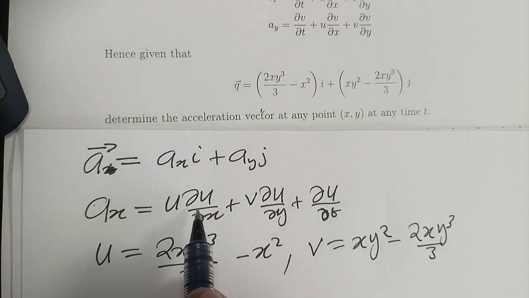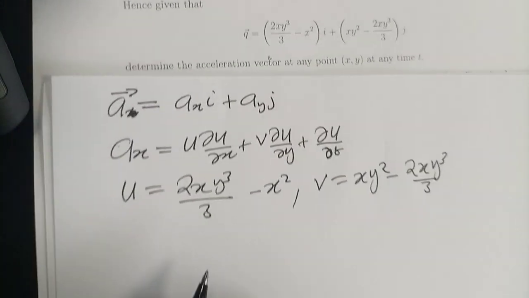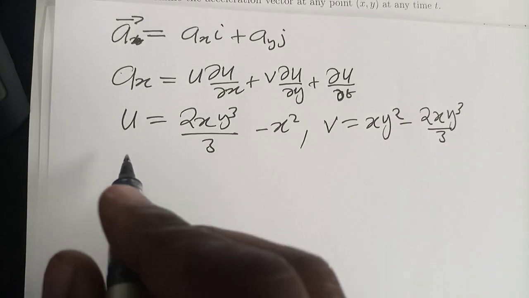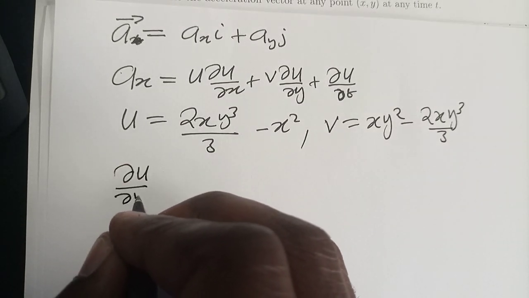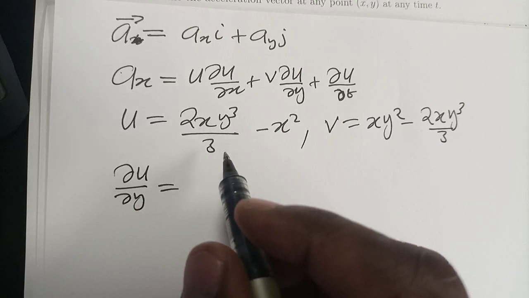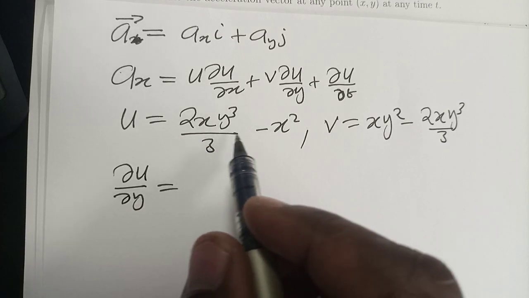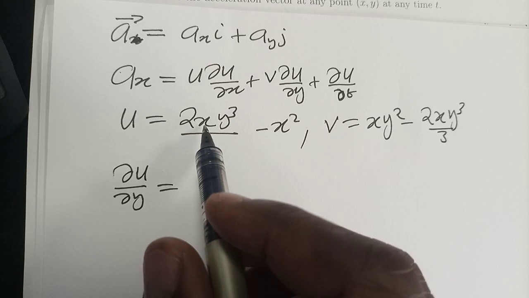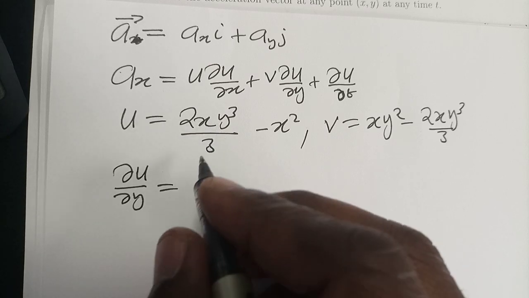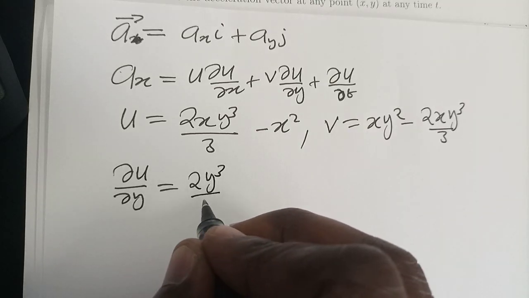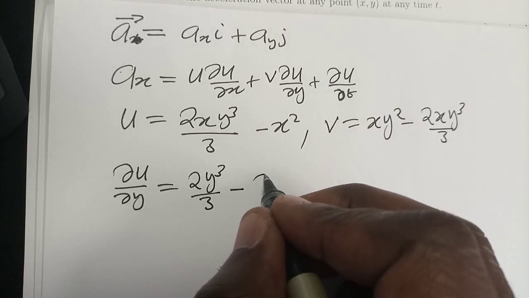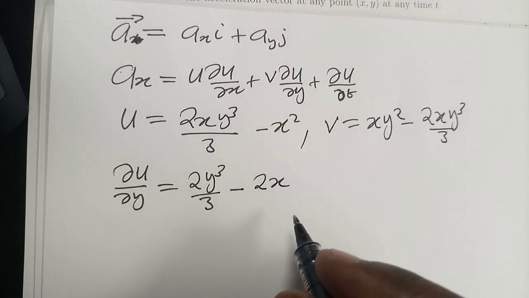So find your partial derivative of u with respect to x and y. The first part, let's find this. Differentiate this one with respect to x. Here the power of x is 1, so it will just be 2y^3 over 3 minus 2x.